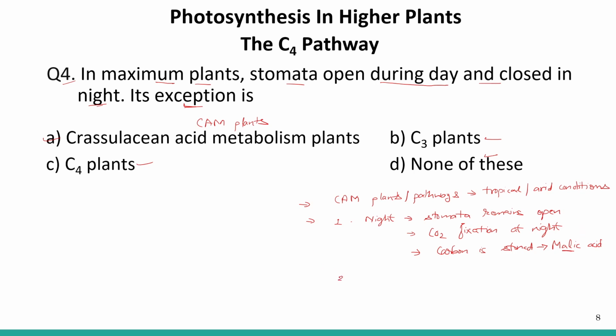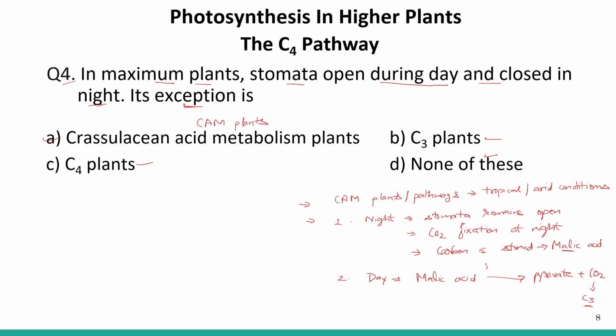And then what happens during the daytime? This malic acid comes out of the vacuole and it is decarboxylated to form pyruvate, and carbon dioxide is released as a byproduct, which is used where? In the C3 cycle.